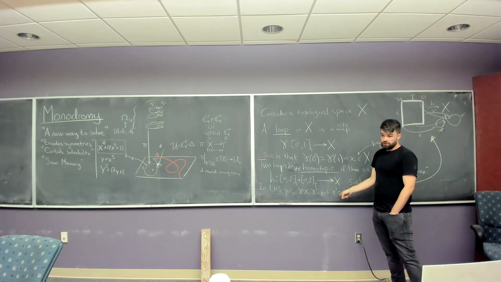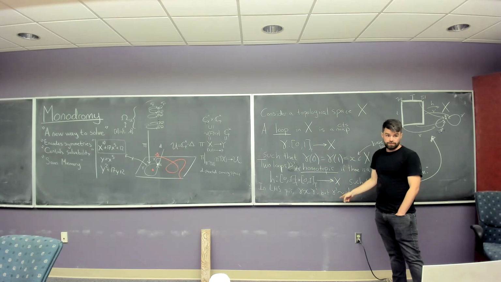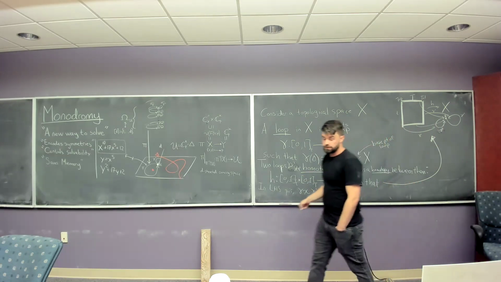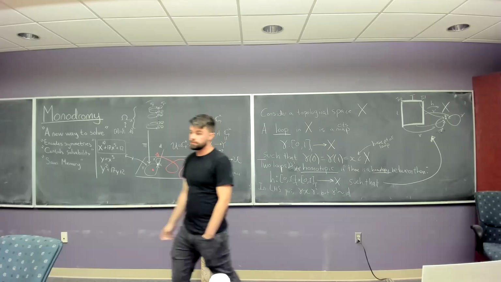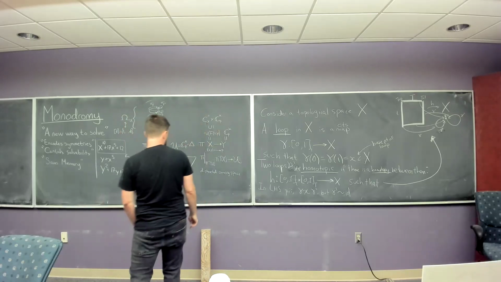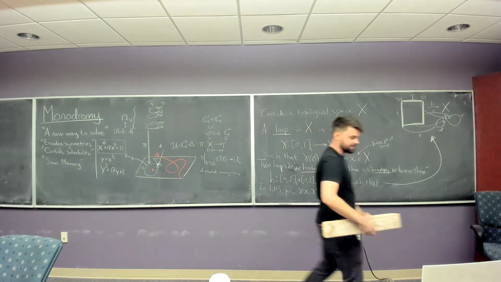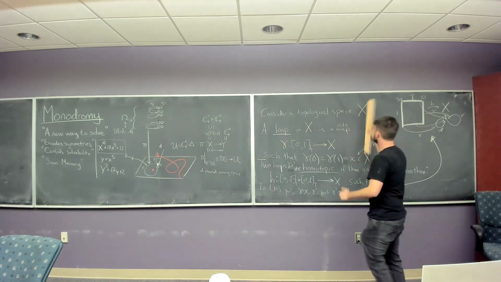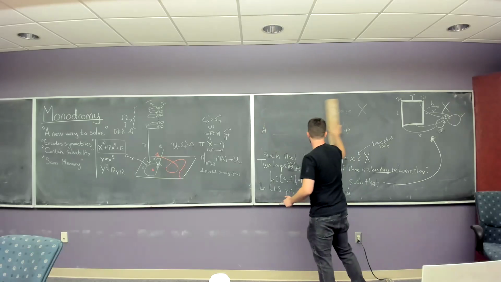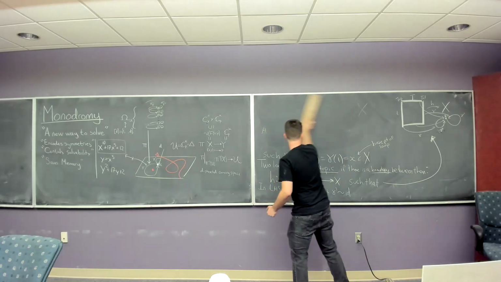And you may guess, as soon as I start using notation like this, that being homotopic is an equivalence relation. And indeed it is. So we do get equivalence classes of loops that are equivalent to being homotopic.